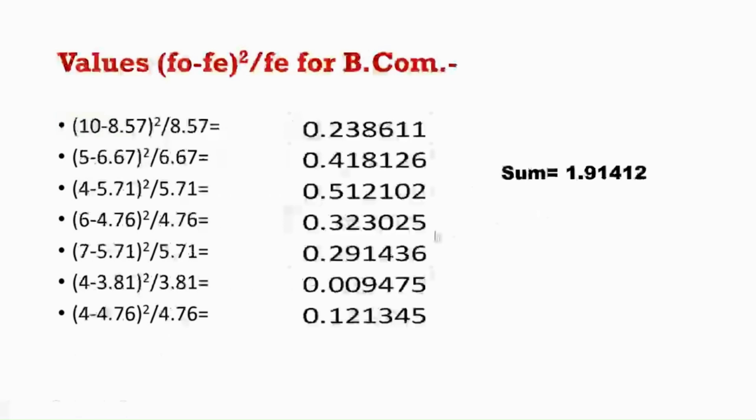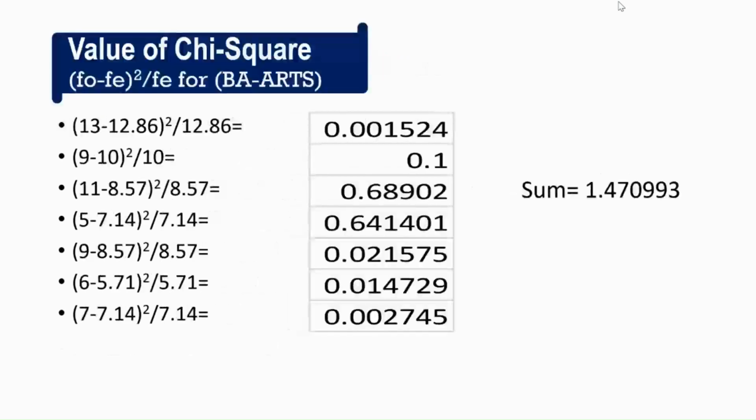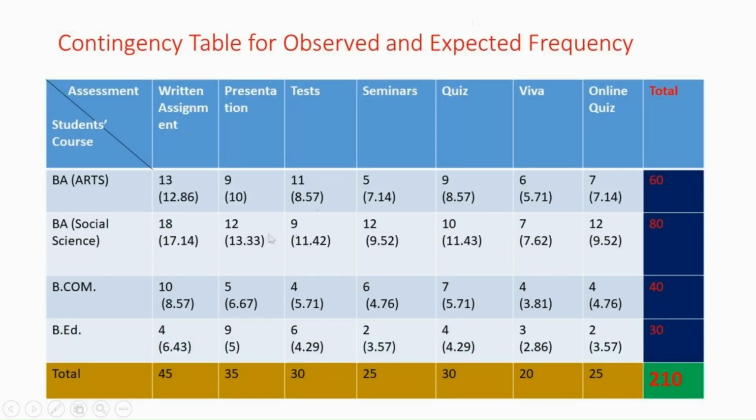Similarly, for the BCom course, we get the value of (FO minus FE) squared divided by FE. And for the BCom, we can check it in the table. For the BCom students, in the first cell, 10 is the observed frequency and 8.57 is the expected frequency.